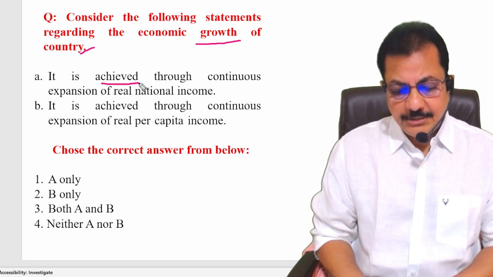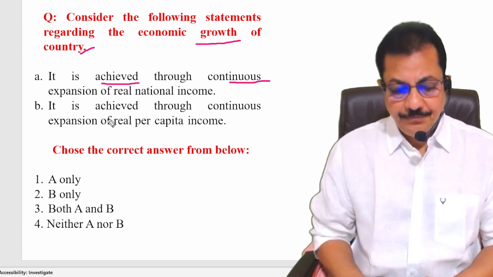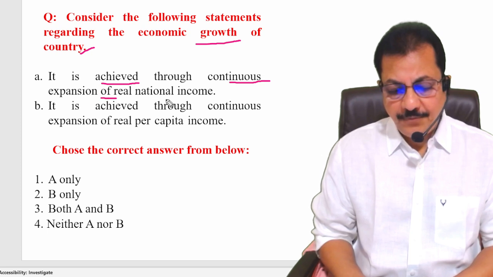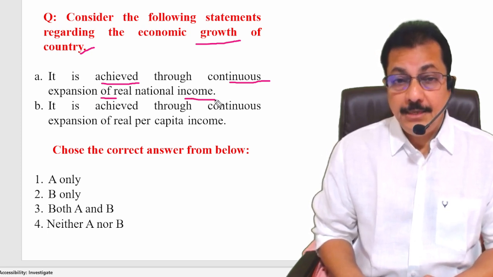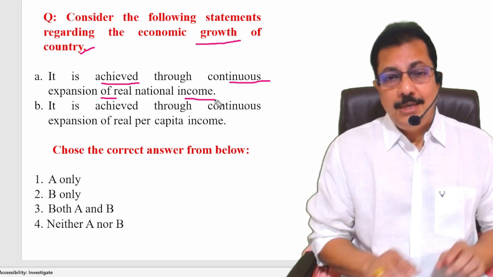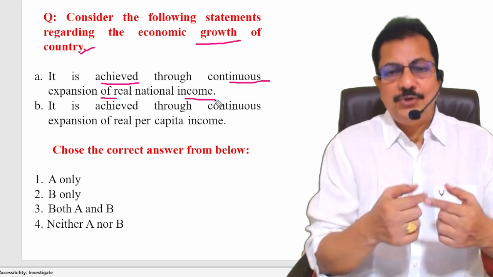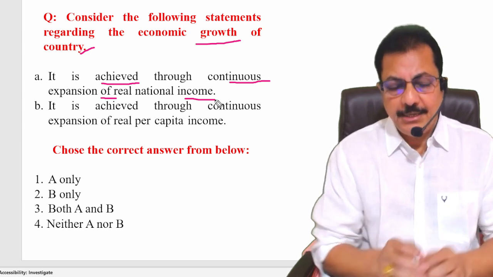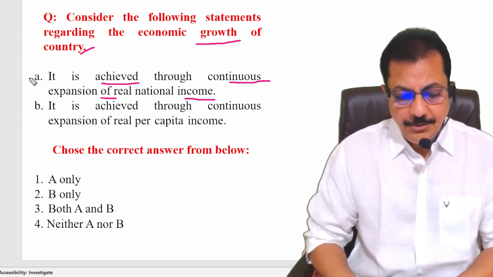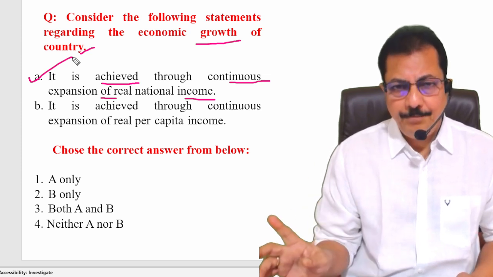Economic growth is achieved through continuous expansion of real national income. Is it right? Yes or no? In the earlier class also we have discussed, economic growth can be achieved through continuous expansion of the real national income.